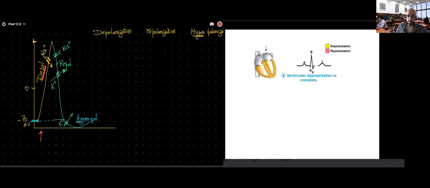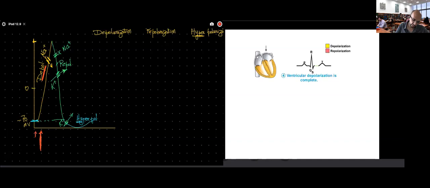What do you think? Would I respond? Needs a higher stimulus? Even a higher stimulus. What do you think? So this is a stimulus that initiated the action potential.